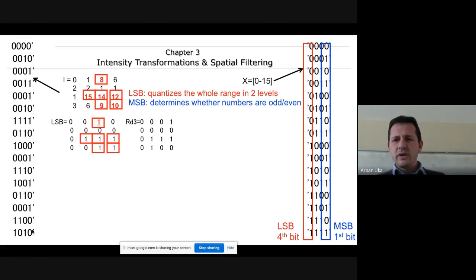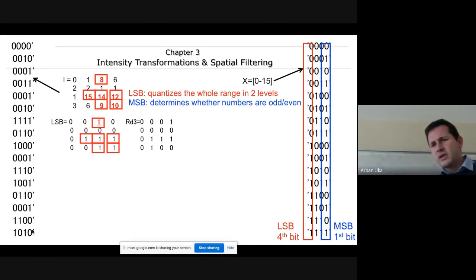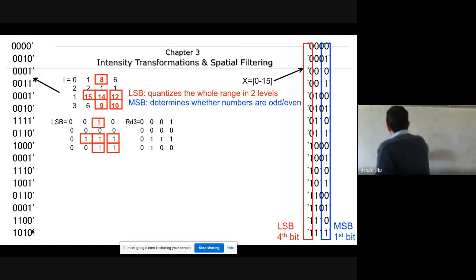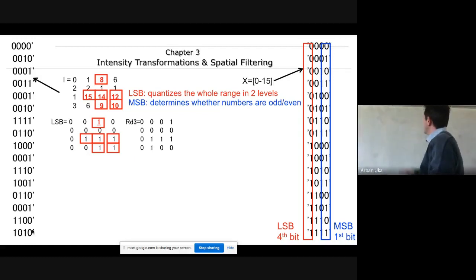The next 4 are 1 again, okay? So in principle, I'm not sure how well you can see the slide, but if we have the whole range from 0 to 15, the fourth bit is having a step function, which is 1 here, okay? So this is the fourth bit.